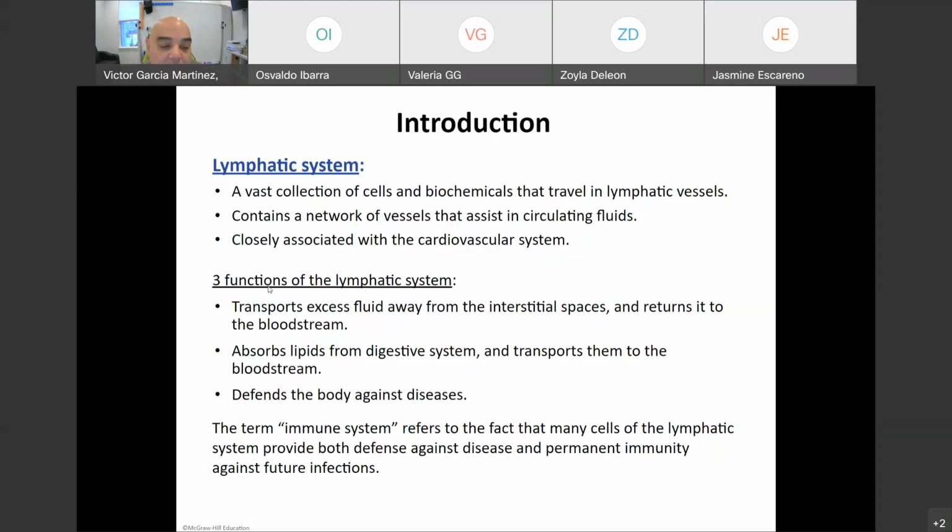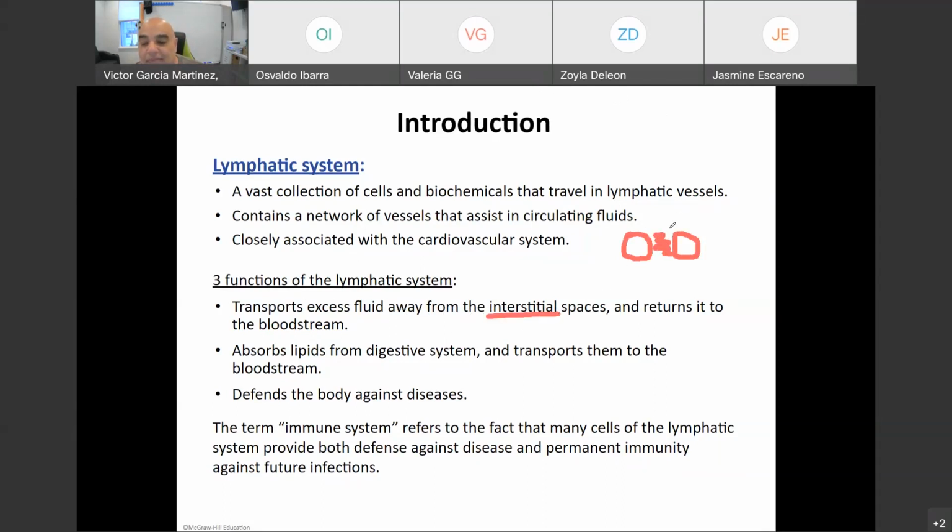The first function is transporting excess fluid away from the interstitial space. If you remember, guys, I was talking about interstitial space. When you have a cell and you have another cell, this space between cells is called interstitial space.